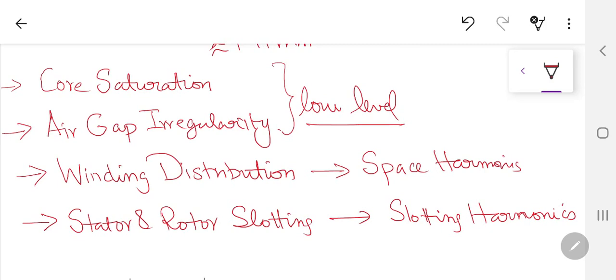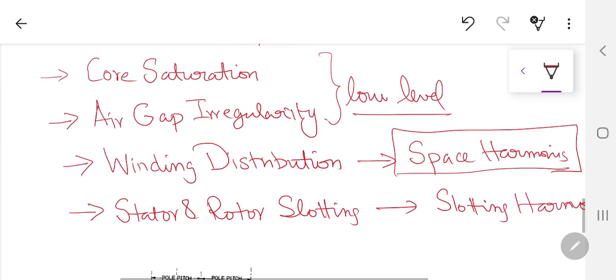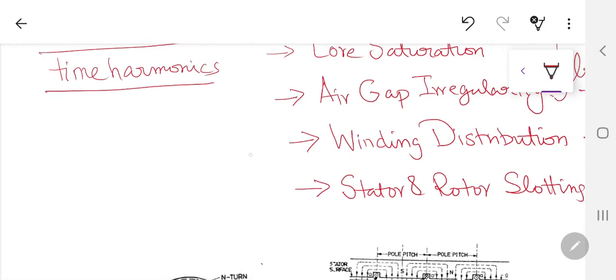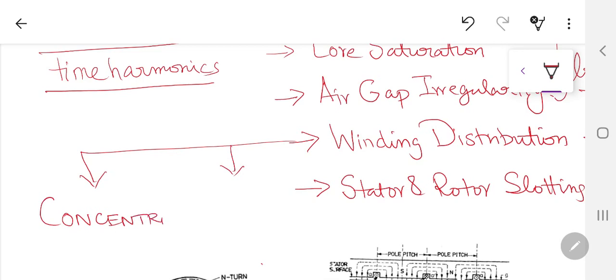But today I am confining myself to the space harmonics, and by space harmonics I mean that I am talking about the winding distribution. And if you remember the two types of winding distributions which we have done previously, the first one is the concentrated winding, and the second is the distributed winding.